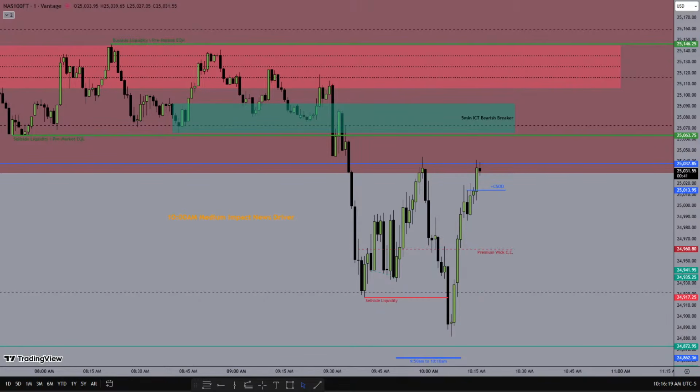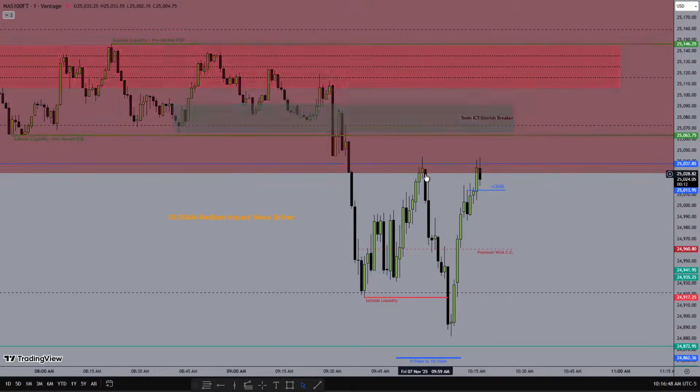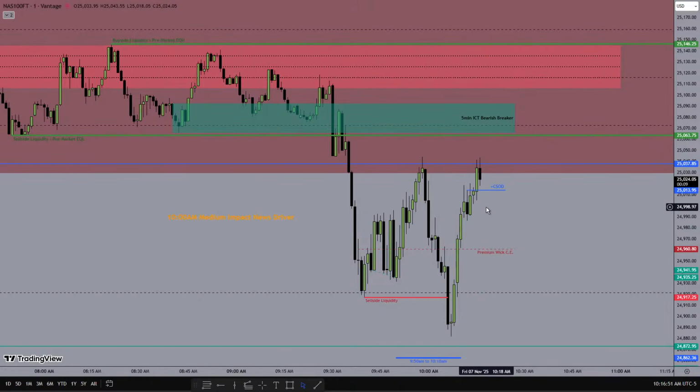If we manage to break the high, so the dollar is pulling back into the range, Nasdaq at the same time going higher.